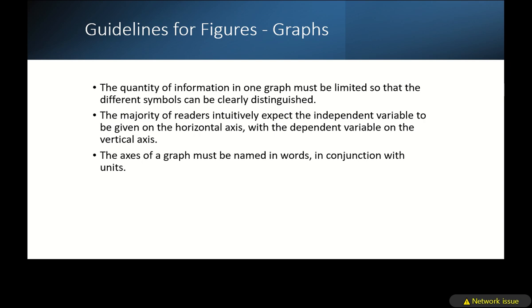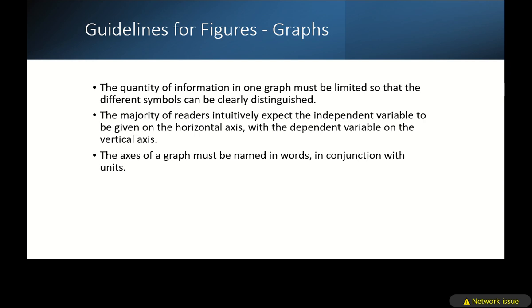So I told you about independent and dependent variables, right? Independent was input. Normally independent is kept on the horizontal axis and dependent is kept on the vertical axis. Another rule is that dependent comes on the left hand side, independent on the right hand side of the equation.